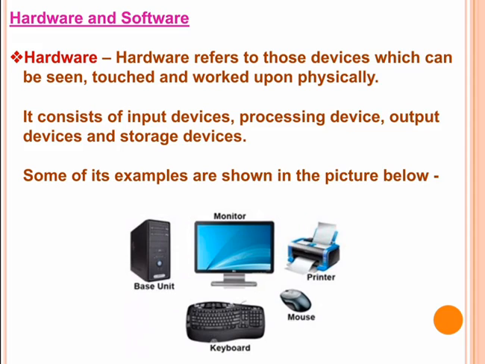Now, it consists of input devices, processing device that is CPU, and output devices and storage devices. Okay, some of its example are shown in the picture below. That is CPU, monitor, printer, keyboard and mouse. These all devices can be seen, touched and we can work upon them.